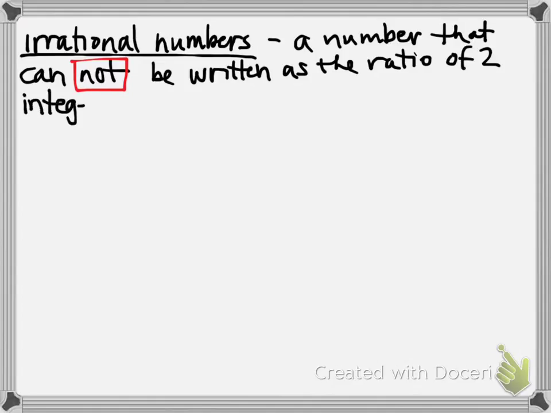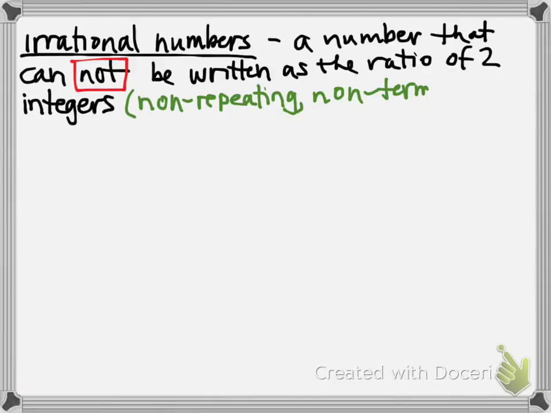And that makes me wonder if I forgot that piece back in our other definition, so we'll have to go back and check. So characteristics would be non-repeating, non-terminating decimals.